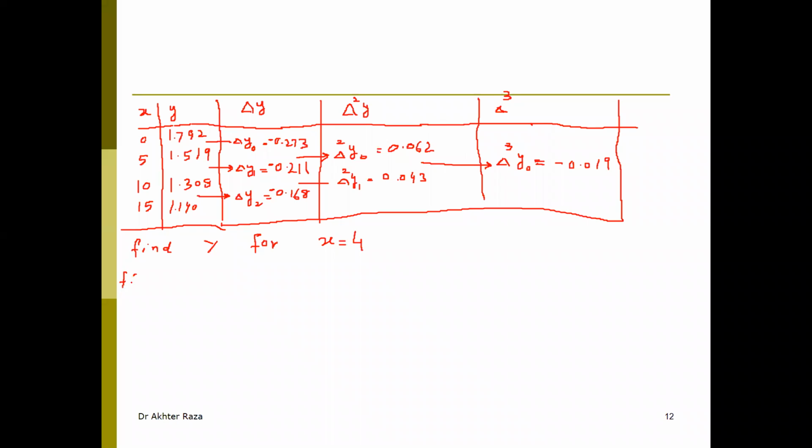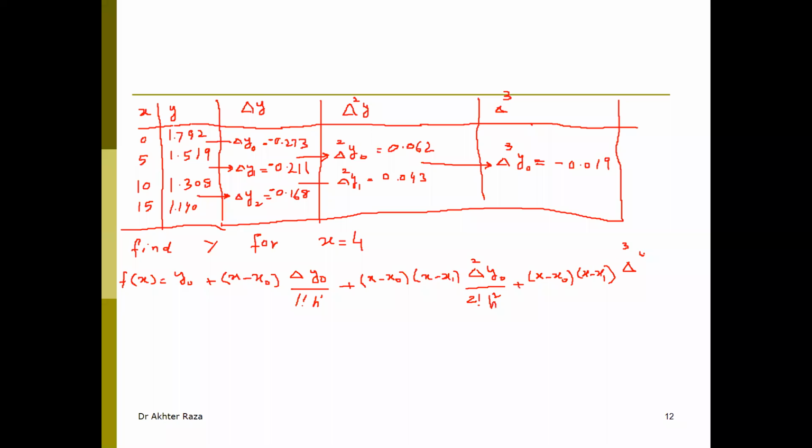So the formula: f(x) is equal to y naught plus (x minus x naught) delta y naught upon 1 factorial h to the power 1, plus (x minus x naught)(x minus x1) delta squared y naught divided by 2 factorial h to the power 2, plus (x minus x naught)(x minus x1)(x minus x2) delta cubed y naught upon 3 factorial h to the power 3.